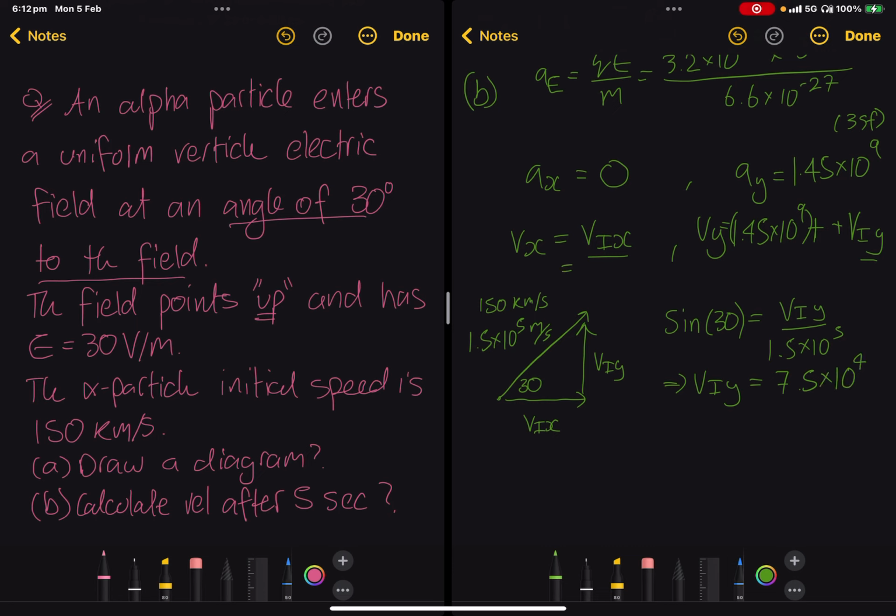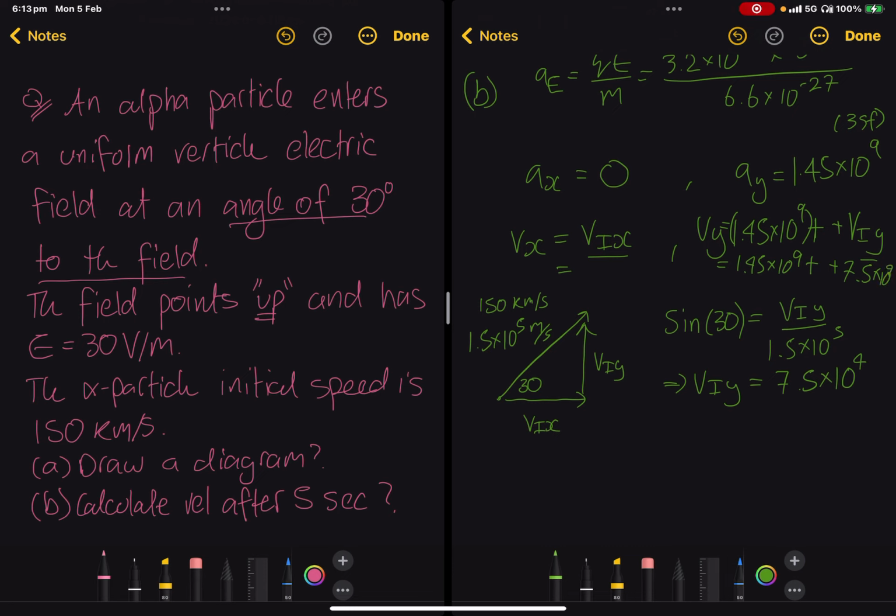So this means our velocity initial in y is 7.5 times 10 to the 4. So it's 1.45 times 10 to the 9 times time plus 7.5 times 10 to the 4.